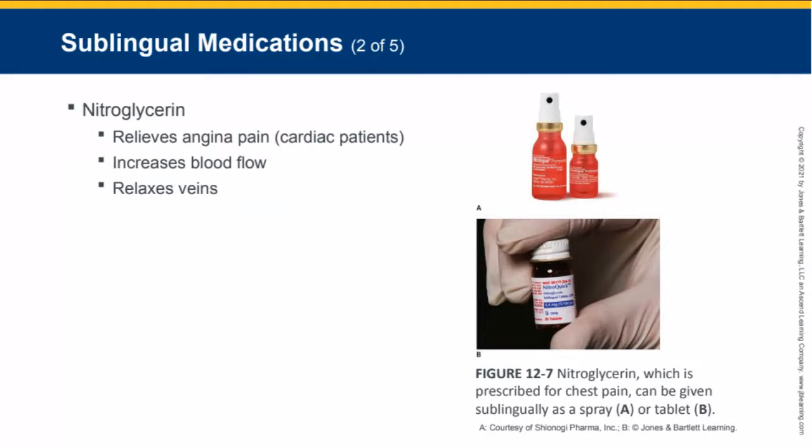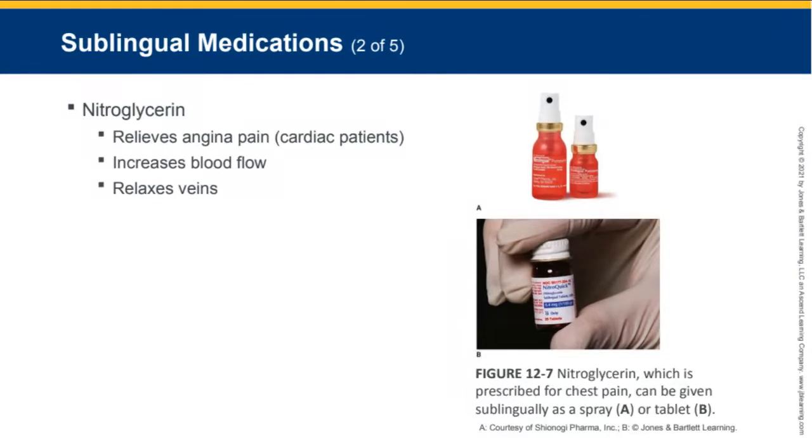Nitroglycerin, the spray and the tablets. Many cardiac patients carry either the spray or the tablet to relieve angina pain. It increases blood flow by relieving spasm and causing the arteries to dilate in the coronary arteries and veins.